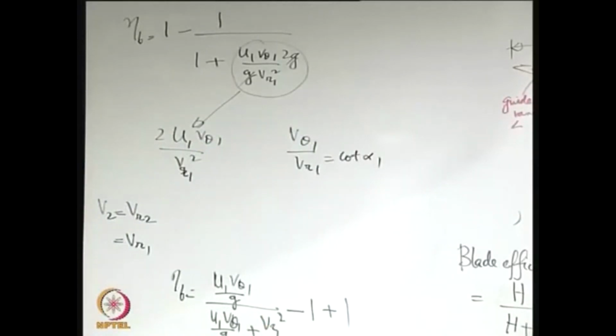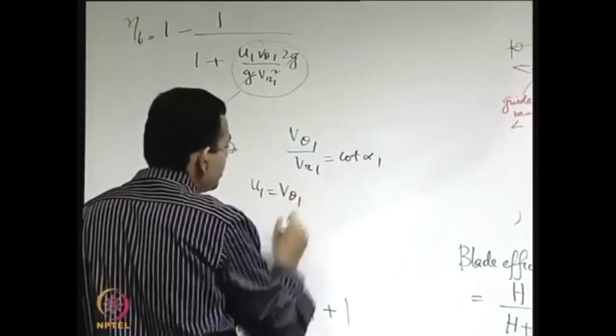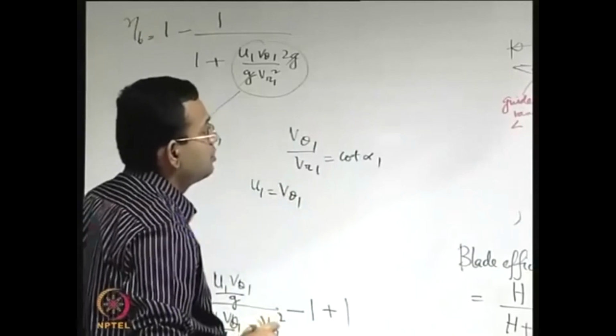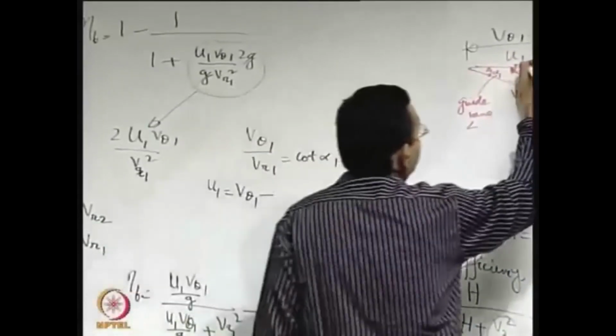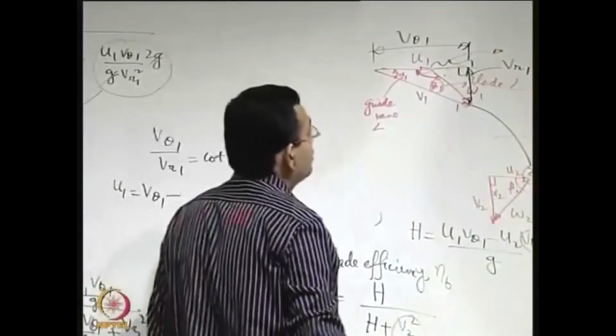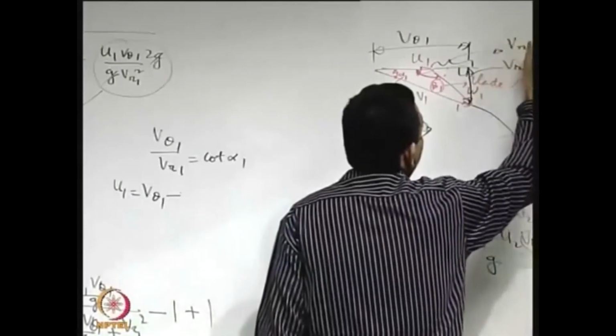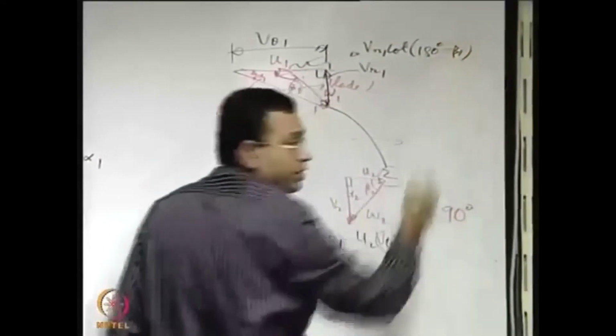And how can you relate U1 with that? You can write U1 is equal to V theta 1 minus this part. What is this part? This part is VR1 cot of 180 degrees minus beta 1.